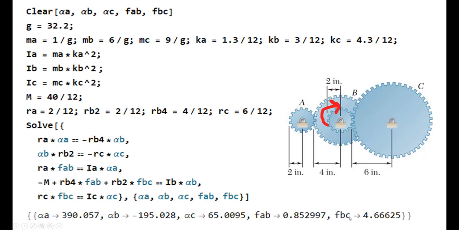And then the forces, don't worry about the sign, there are equal and opposite forces between each of the gears. We've set that equation up so that we're just worried about which direction the moment is going. So we're not worried about plus or minus forces between the gears, we're worried about plus or minus moments between the gears.